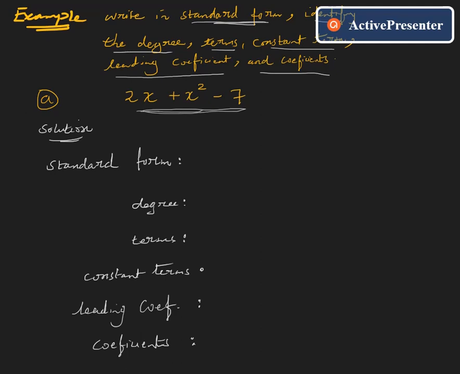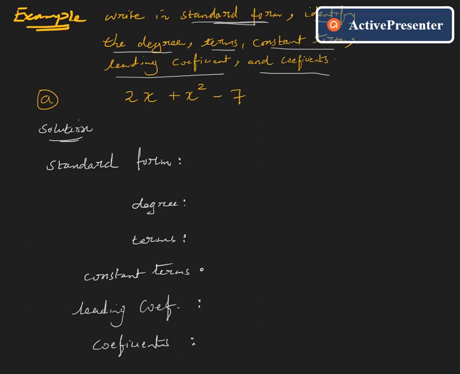Why is that? Because we started with a degree which is not the highest degree. For us to write in standard form, we should first start with the highest degree and go down until the lowest degree, taking care that the leading coefficient is not equal to 0.